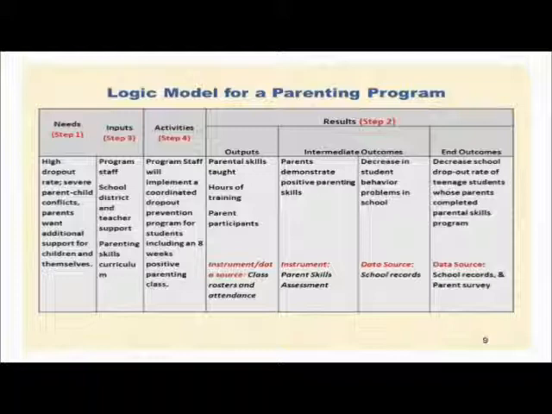The end result, or so-called end outcome, is the decrease of the school dropout rate, particularly among the students whose parents have participated in the parenting class. How do we know that? School record and parent survey. We will talk more about each of the components in detail, but this is basically the logic model itself. As you can tell, with this logic model, you'll be able to see where the needs come from and where we come from, and where we're going, which is the result.